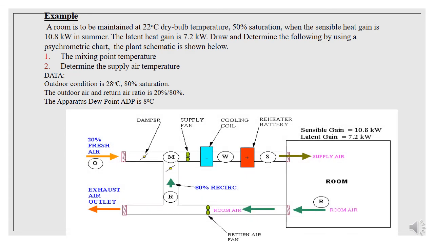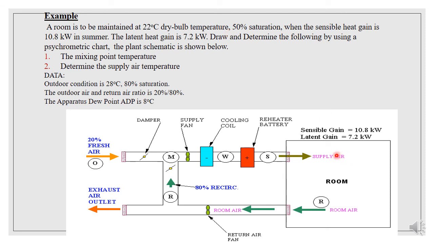So we have a room, and this room is to be maintained at 22 degrees Celsius dry bulb temperature. And if it is not mentioned here, temperature normally means dry bulb temperature, right?